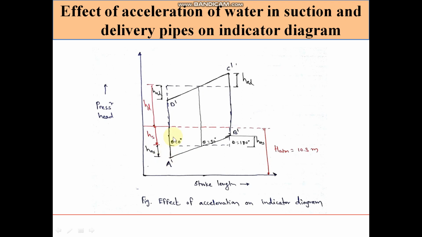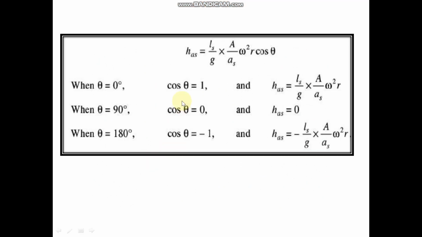Now in the suction stroke, the acceleration head in the suction pipe is equal to length of the suction pipe by gravity into area of the cylinder by cross sectional area of the suction pipe, r omega square into cos theta.